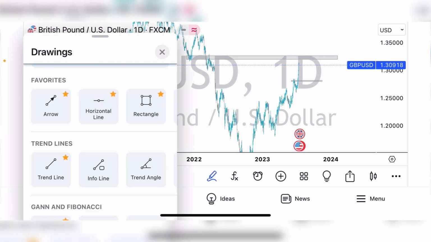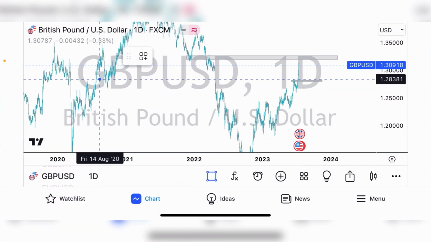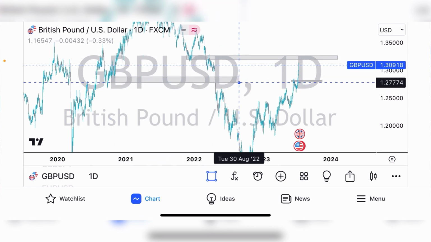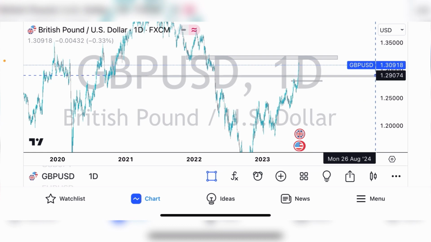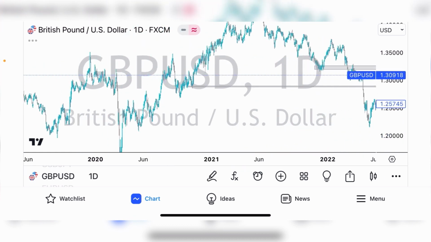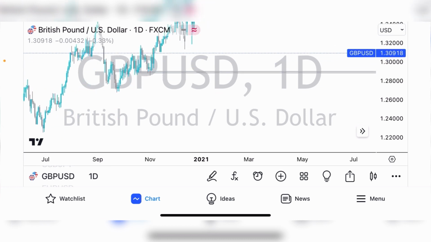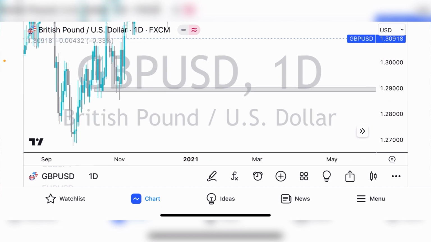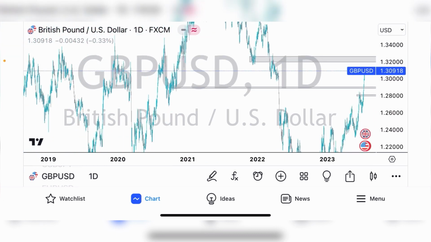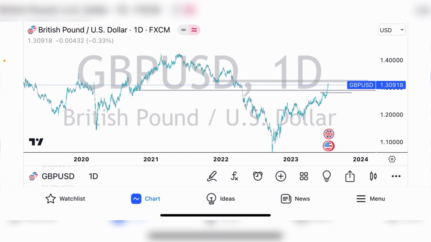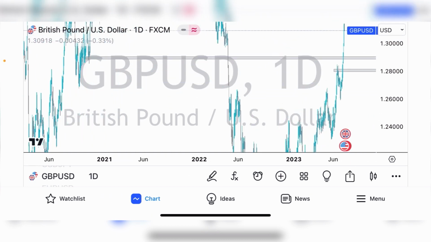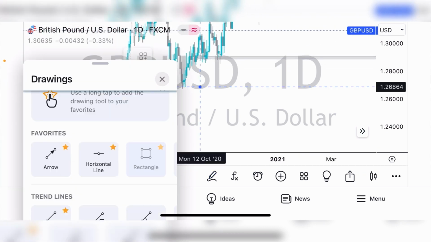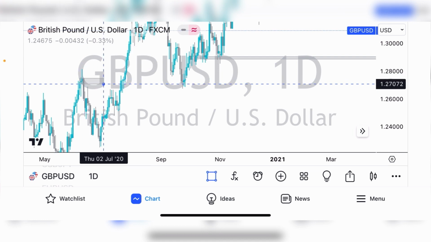Let's see. When we look to our left, we can see that there was a previous retest around this area, like here. As you can see from right here, there was this previous retest from this area, and it usually happens when the market bounces off from around this zone.